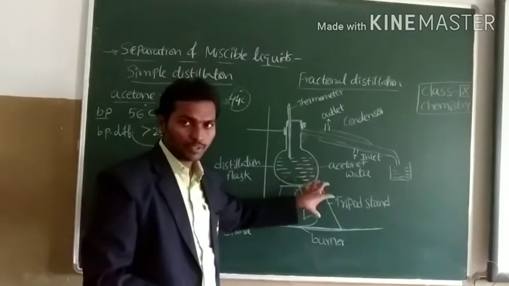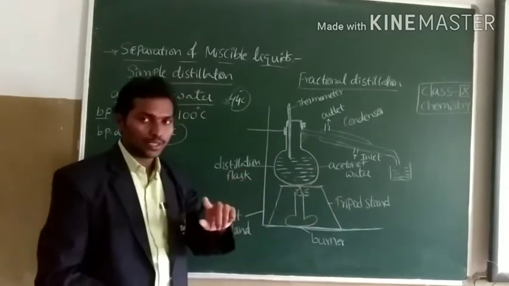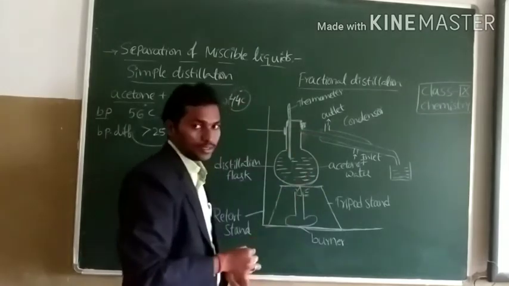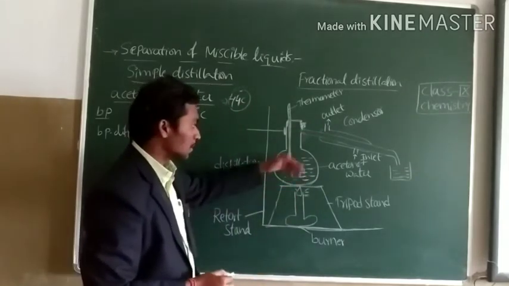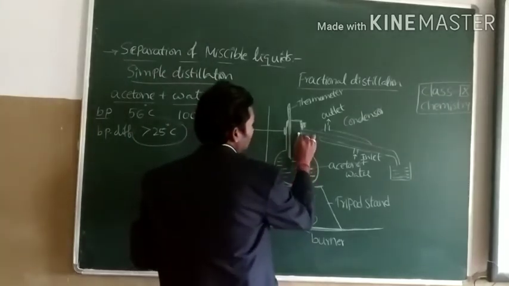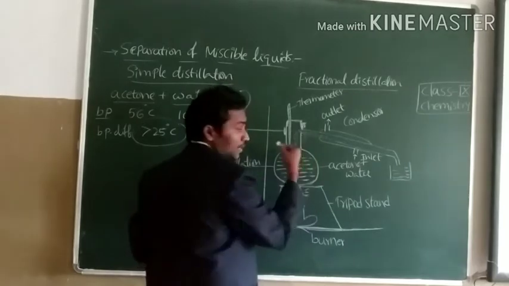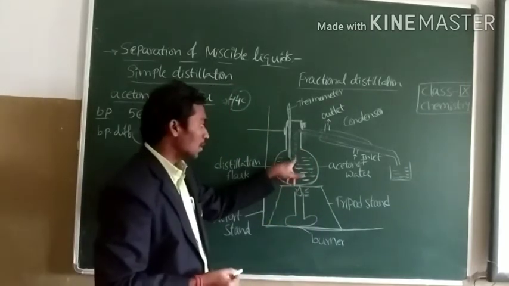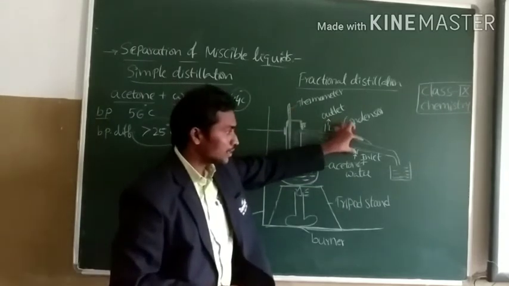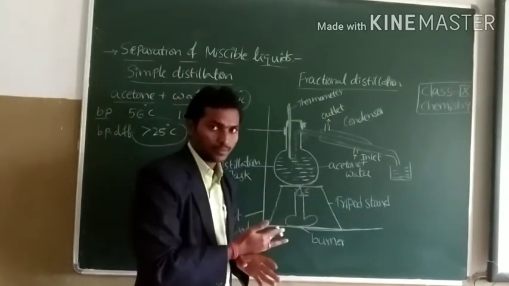On heating the liquid mixture, we notice vapors present in the distillation flask. These vapors pass through the condenser, where condensation takes place.